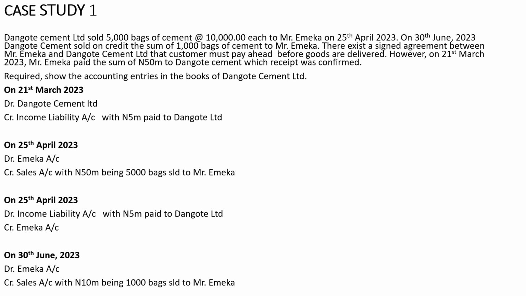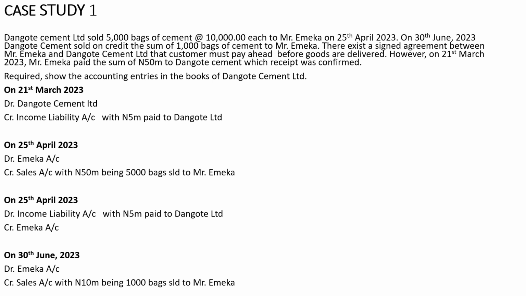There exists a signed agreement between Mr. Emeka and Dangote Cement Limited that the customer must pay ahead before goods and services are delivered. However, on the 21st of March 2023, Mr. Emeka paid the sum of 50 million naira to Dangote Cement, which receipt was confirmed. They are required to show the accounting entries in the books of Dangote Cement Limited.